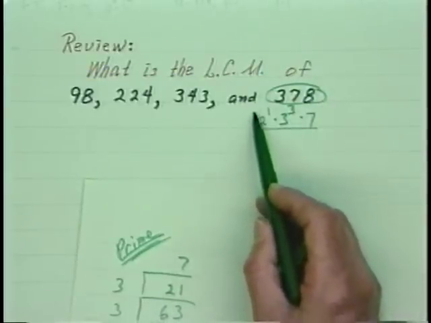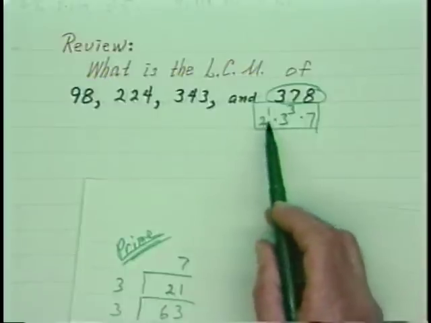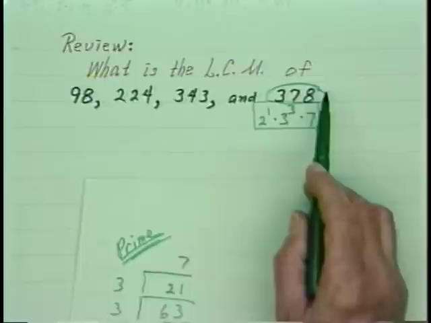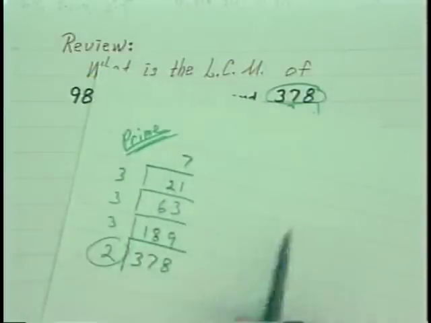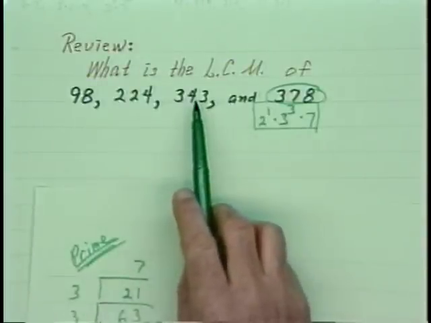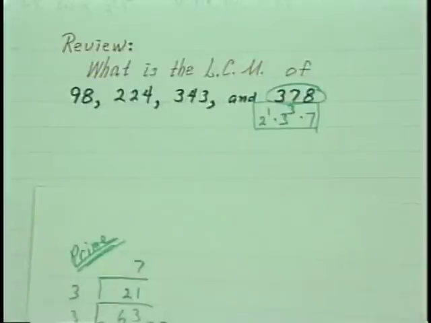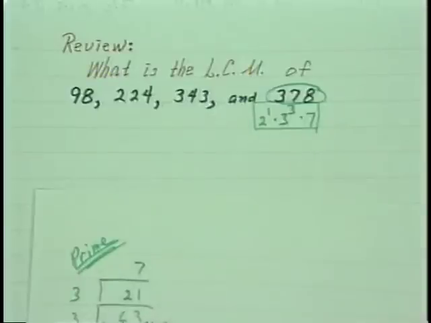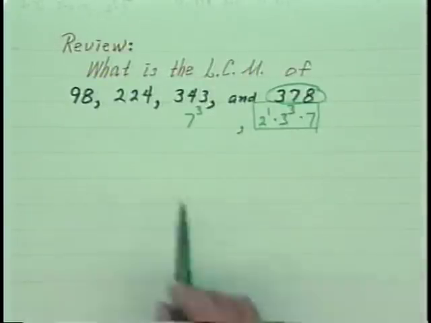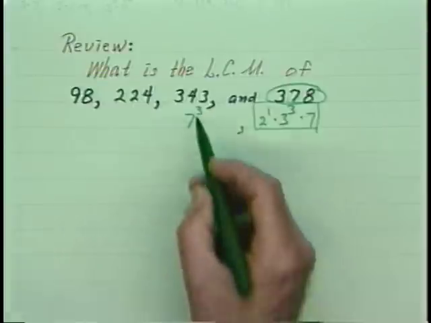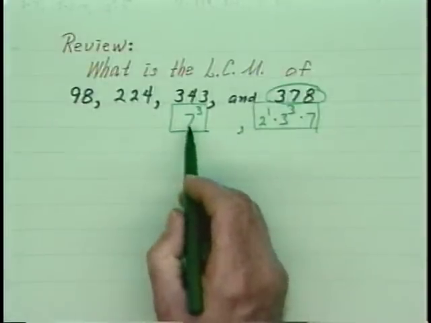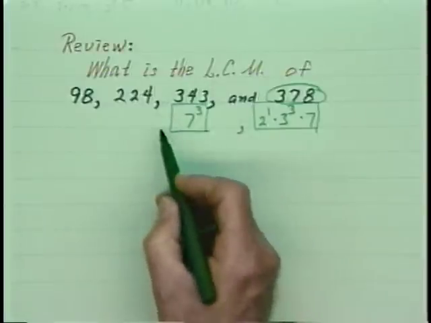It's very important that you realize that this is simply another way of saying this number. Now, doing the same kind of procedures exactly, we want to prime factor the remaining numbers in our series. And if we did that, we would find the prime factorization of 343 would be simply 7 to the third power, or 7 cubed. So this is simply another way of saying that.